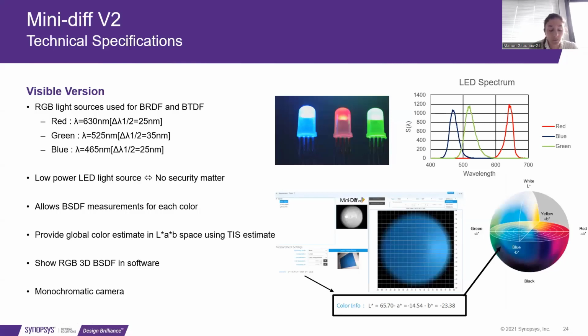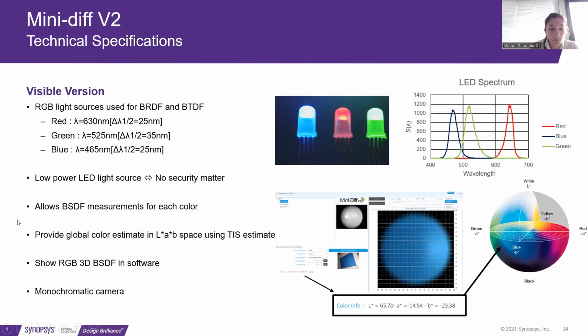So now some technical specifications. Regarding the source, we have one visible version of our mini-diff, and we have two versions of infrared. For the visible version, there are three LED light sources, red, green, and blue, which permits to obtain BSDF measurement for each color and to provide a global color estimate in LAB space using the TIS calculation from the BSDF measurement for each color.